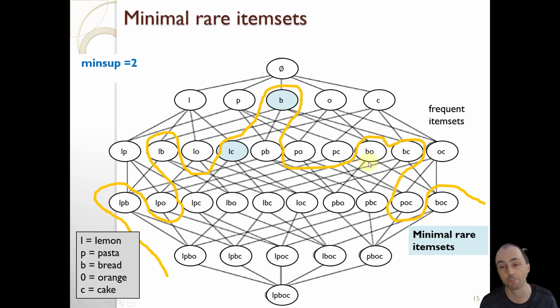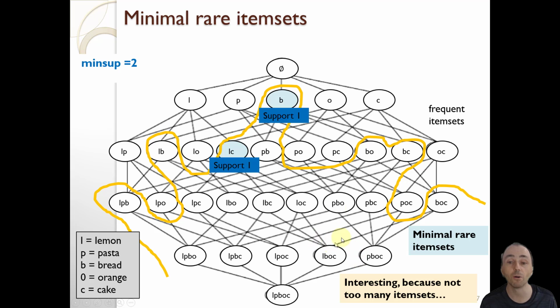One subset of bread orange is orange, which is frequent, this is okay. But another subset is bread, which is infrequent. So bread orange cannot be a minimal rare item set. And all the others here are also not minimal rare item sets.